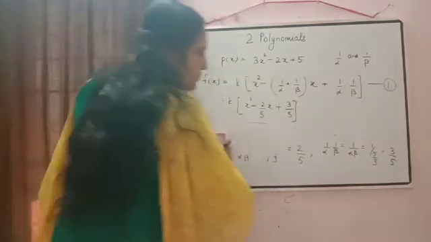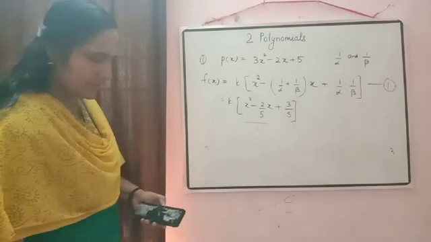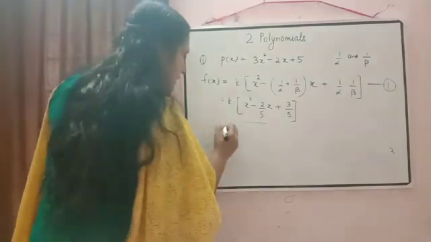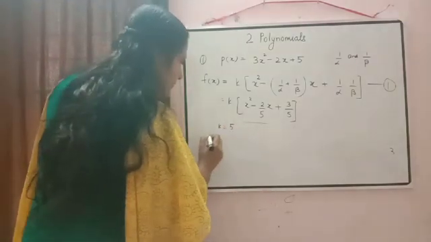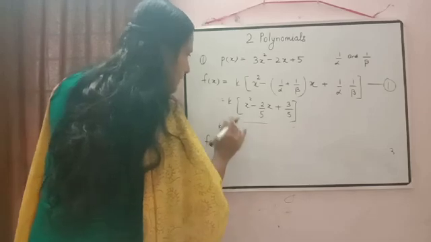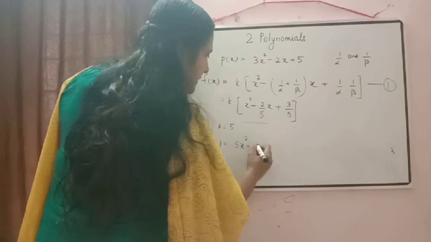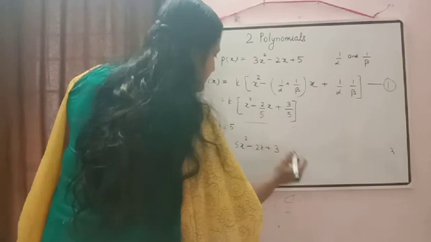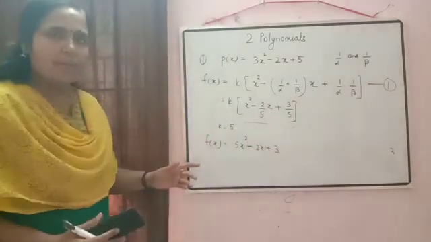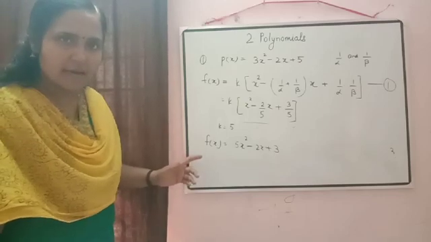Now to avoid that fraction, what can we take? Yes, we can take k is equal to 5. Taking k is equal to 5, we get f of x is equal to, just multiply 5 inside, 5x square minus 2x plus 3. So this is the required polynomial. I hope this question is clear to you.